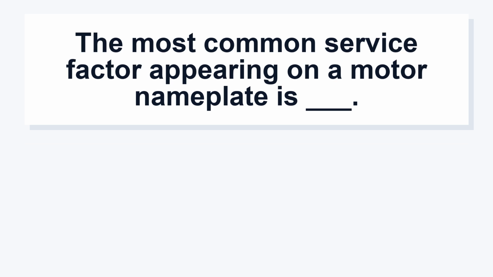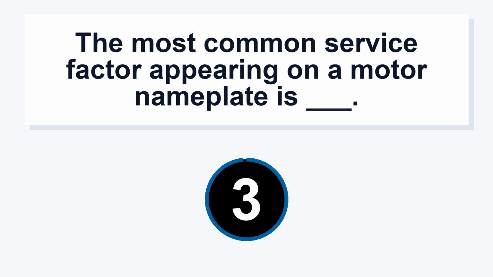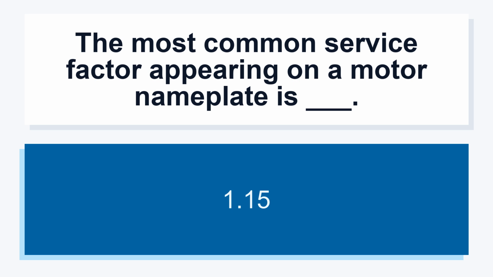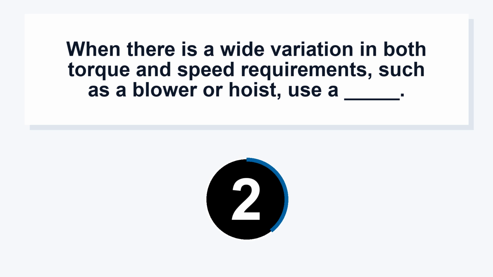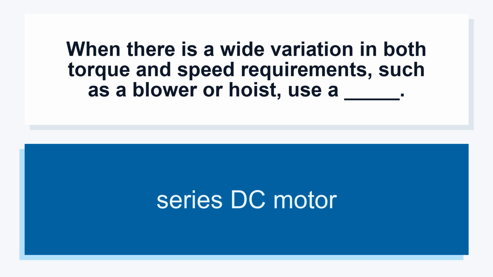The most common service factor appearing on a motor nameplate is 1.15. When there is a wide variation in both torque and speed requirements, such as a blower or hoist, use a series DC motor.